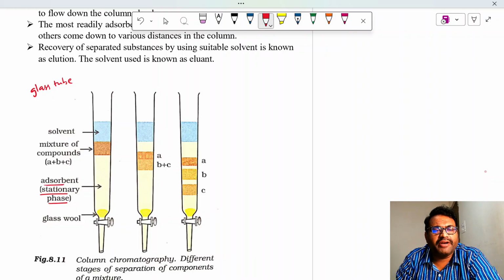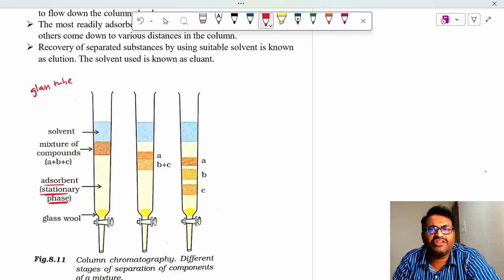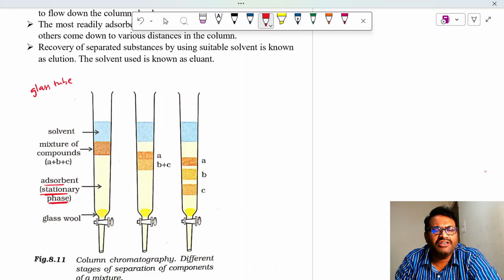So you have filled this with adsorbent, stationary phase. What are stationary phases? We have seen adsorbents: silica gel, alumina, activated charcoal, cellulose powder. Anyone you can take. Let us take silica gel here.